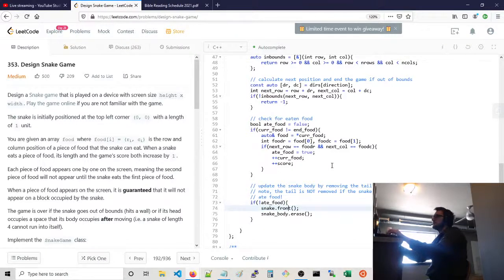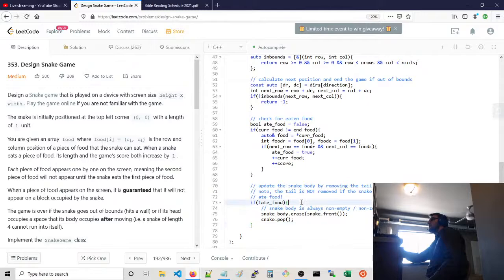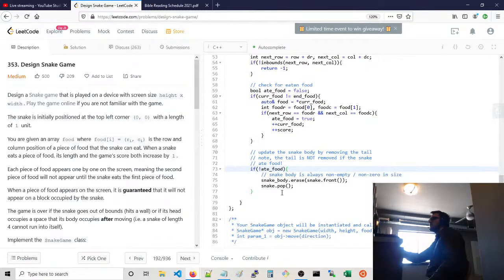Snake body is not always non-empty. Yeah, we don't have to do any checks. We can just immediately snake front erase and snake dot pop. And then, so if we didn't eat the food, we do that. Otherwise, we do eat the food, and that's that.